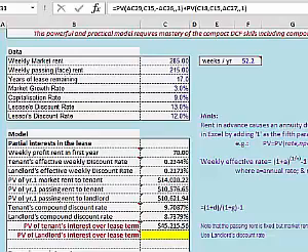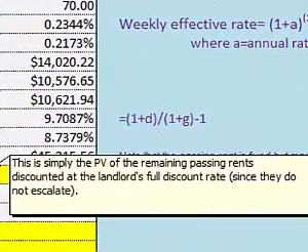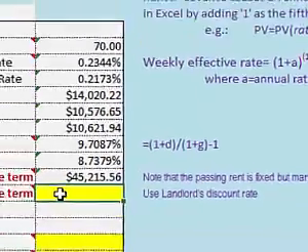Let's move now to the landlord's interest. This is somewhat simpler. You can look at the comment here, the suggestion, and that tells us it's simply the PV of the remaining passing rents. Let's work that.